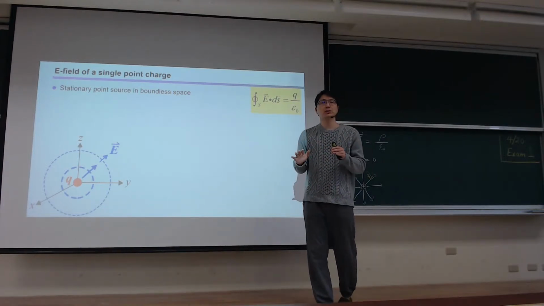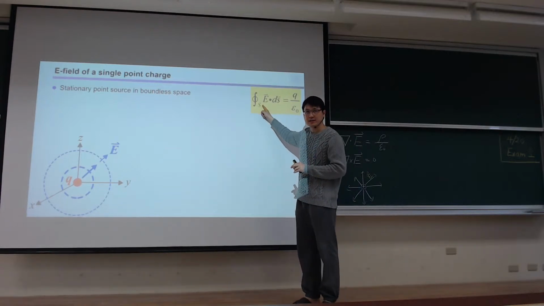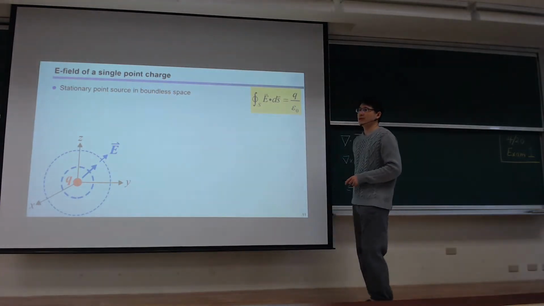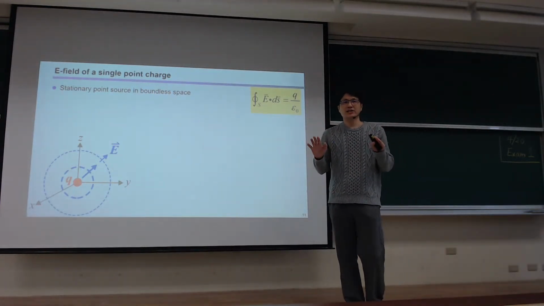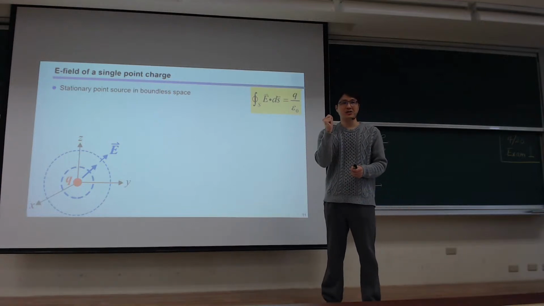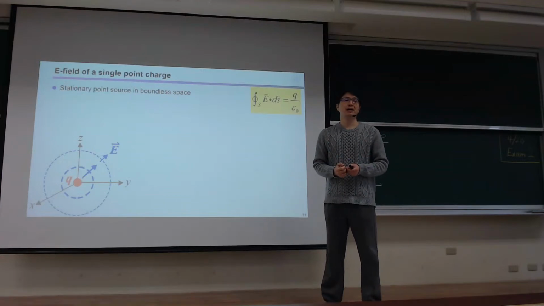In doing so, we can quantify the field intensity. So how do we do that? Later on in this course, for the entire semester, the first thing you need to understand is that we spend so much time learning about orthogonal coordinate systems.